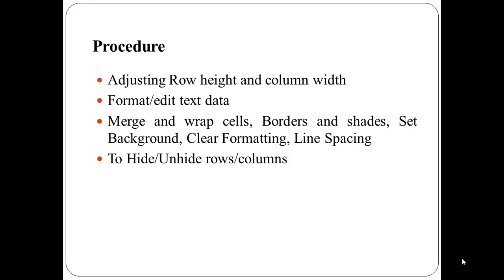To unhide, choose 2 successive rows or columns between which the hidden columns or rows exist. Use the relevant menu option or right click the mouse button and choose Unhide to unhide the hidden cells, rows and columns. You can also freeze the panes.